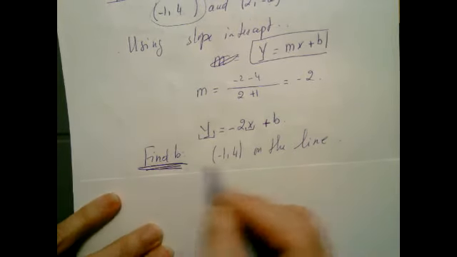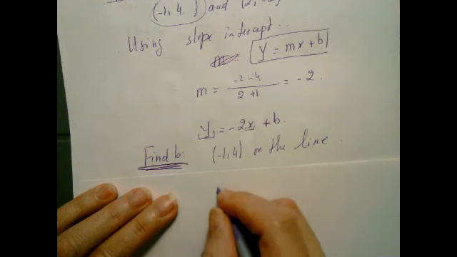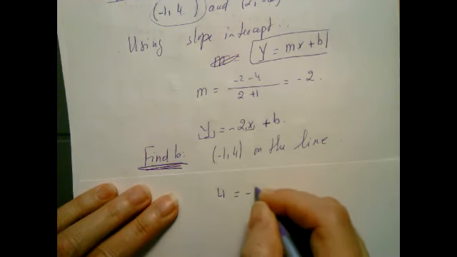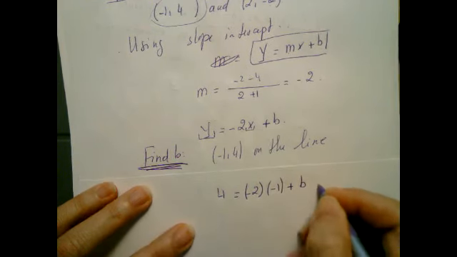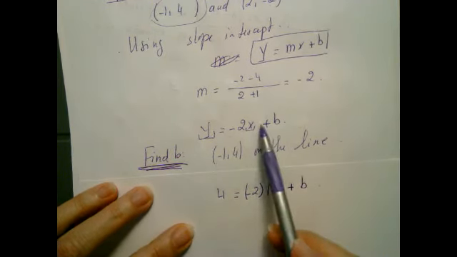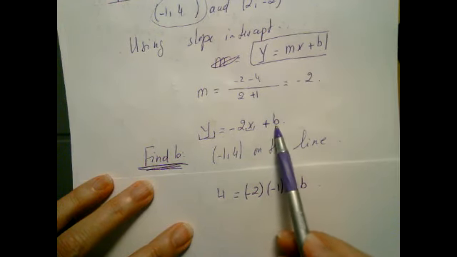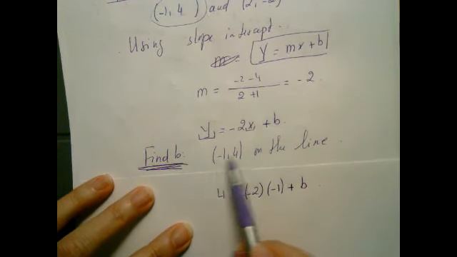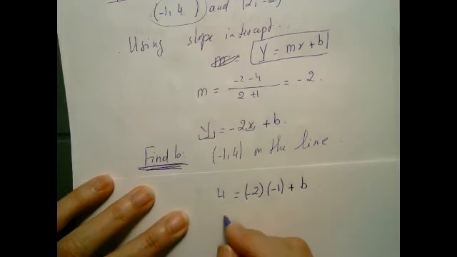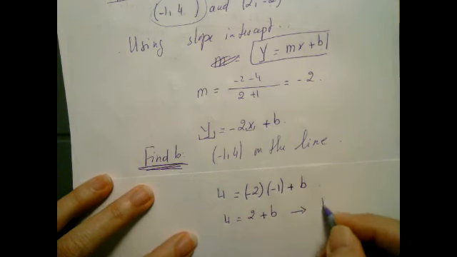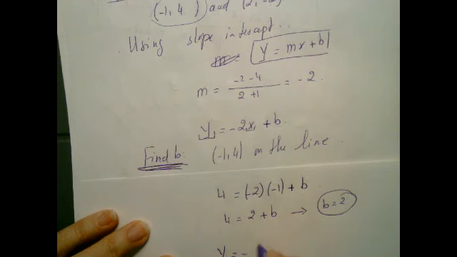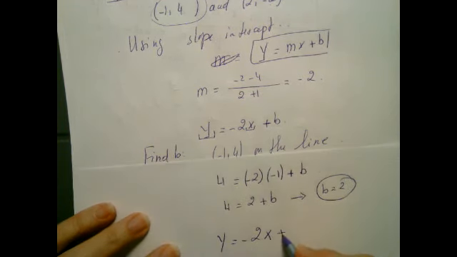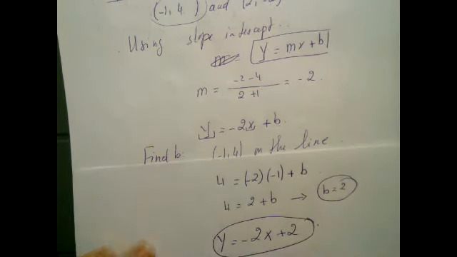So at this stage I have an equation with one unknown, which is b. Since the point is on the line, I plug in 4 for y and -1 for x, and solve for b. This gives b equal to 2, and so y = -2x + 2, which is the same answer we got before.